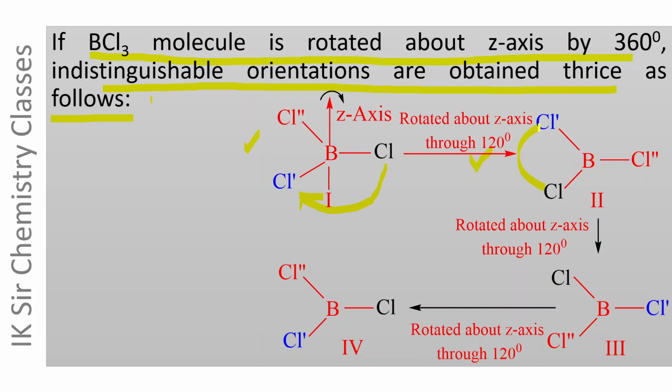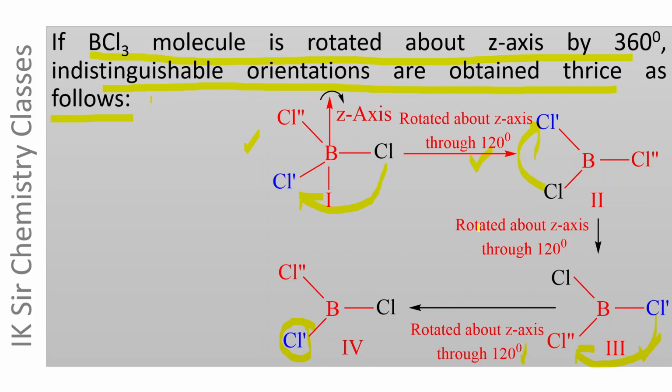This Cl atom comes to this position in orientation number 3, and it is again rotated about Z axis by 120 degree, and as a result this blue colored Cl dash atom comes to this position in orientation number 4. The BCl3 molecule has been rotated overall by 360 degree, 120, 120 and 120.